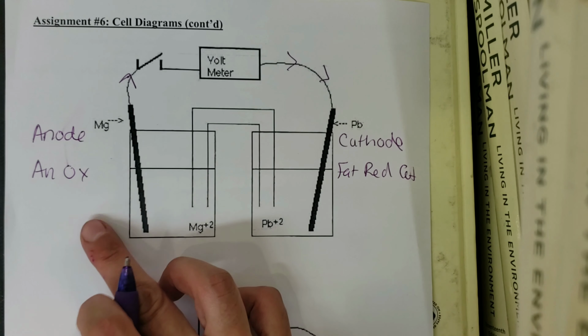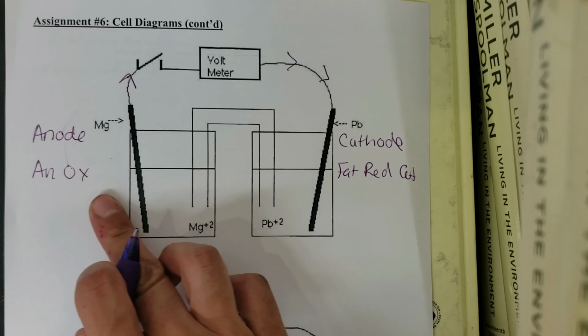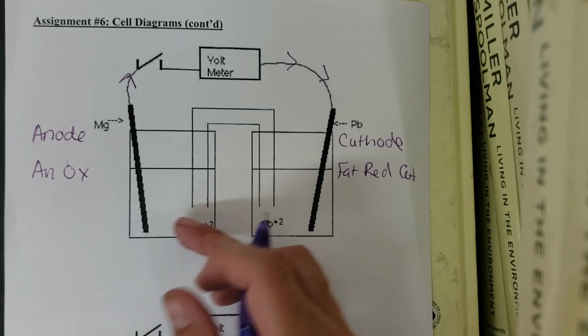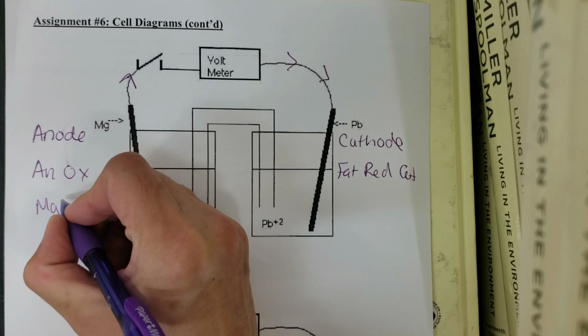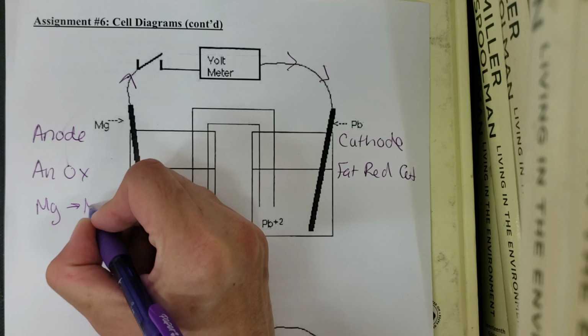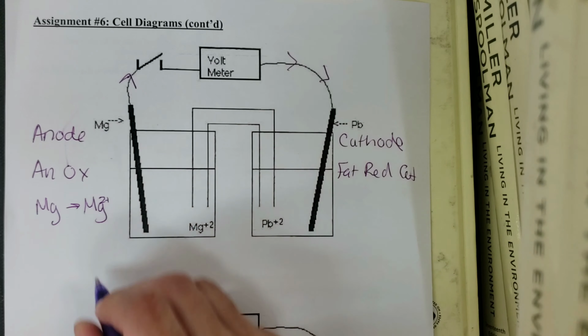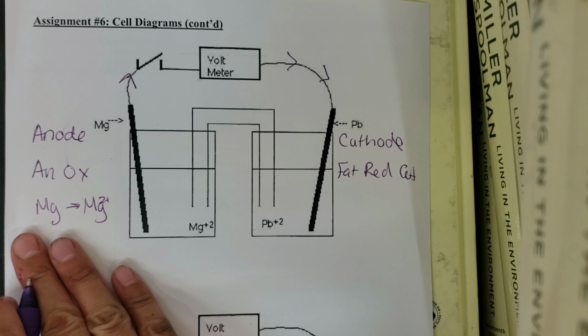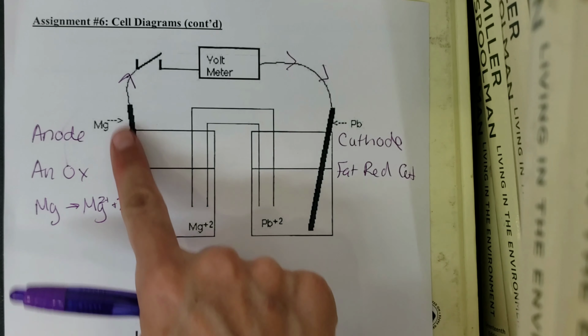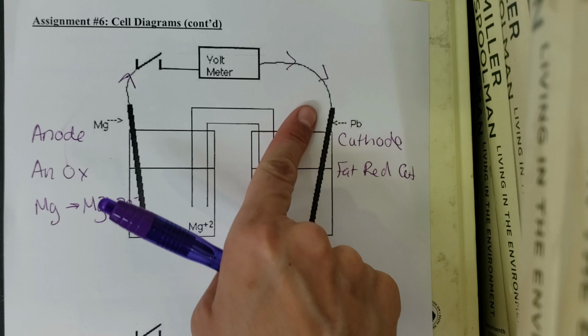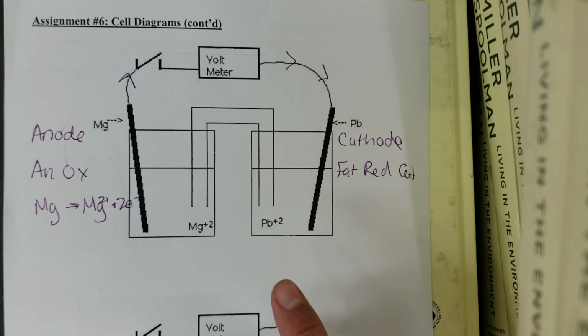If I wanted to write the half reaction for the anode, it's oxidation, which means the charge goes up. So here, my magnesium atom becomes a magnesium ion, and I'm going to have to add 2 electrons to the most positive side. So these 2 electrons are going to travel through the wire, and they're going to be accepted here.